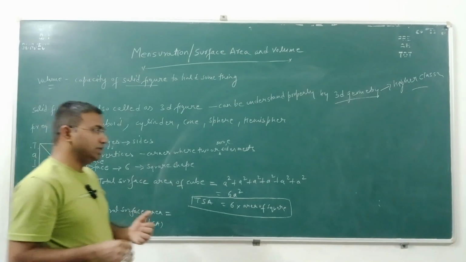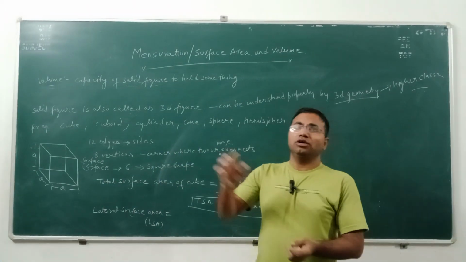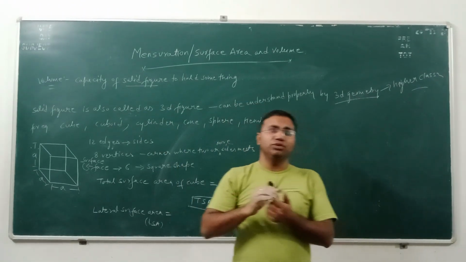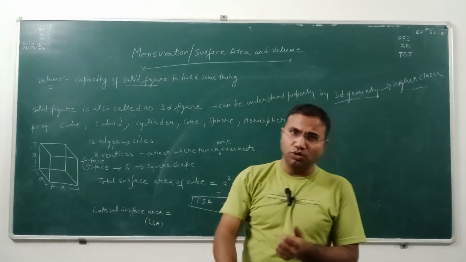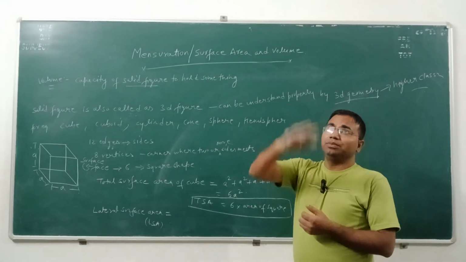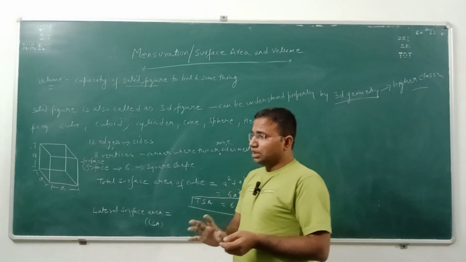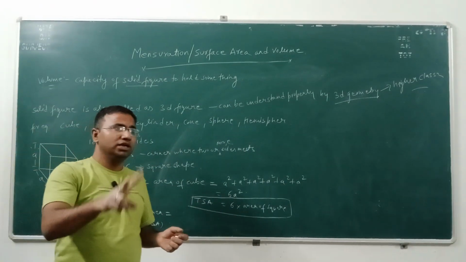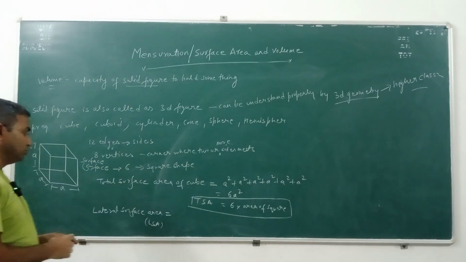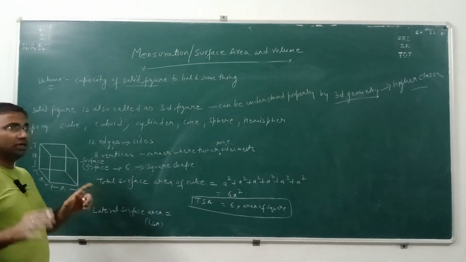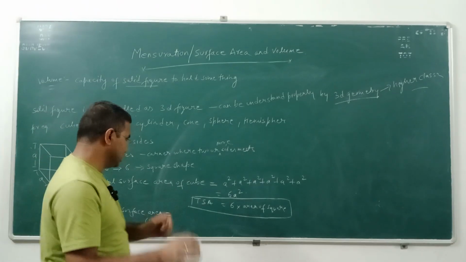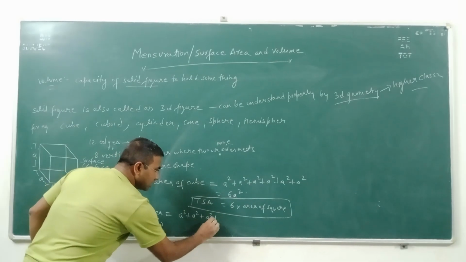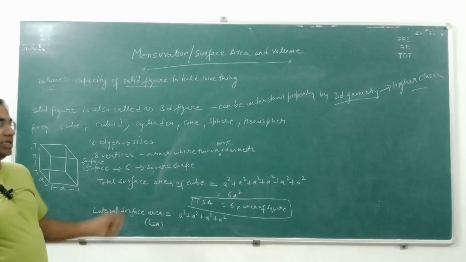Lateral surface area means we have to find the area all around us, meaning we leave the upper area and lower area. When you leave the upper and lower area, you are removing two areas, so we have to calculate four surface areas: a square plus a square plus a square plus a square.